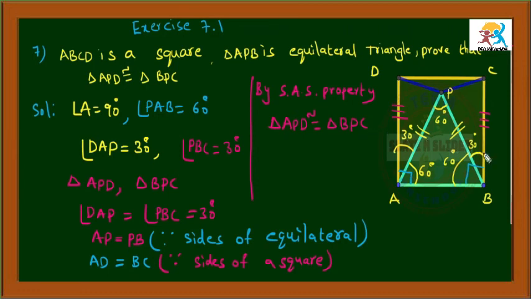So after proving the two triangles are congruent, then we can say that angle DPA, this angle is equal to angle BPC, this one, these two are equal, and angle ADP, this is equal to angle BCP, these two also equal.